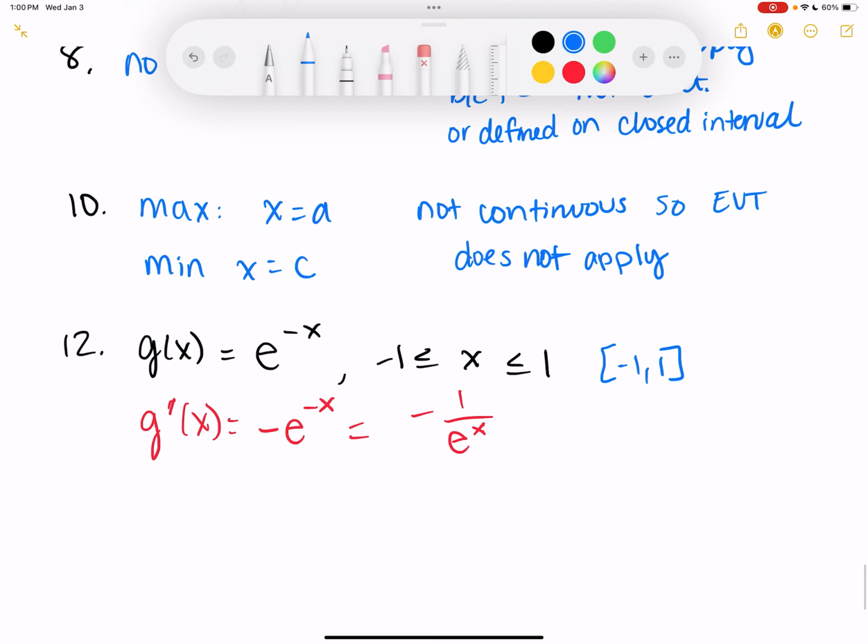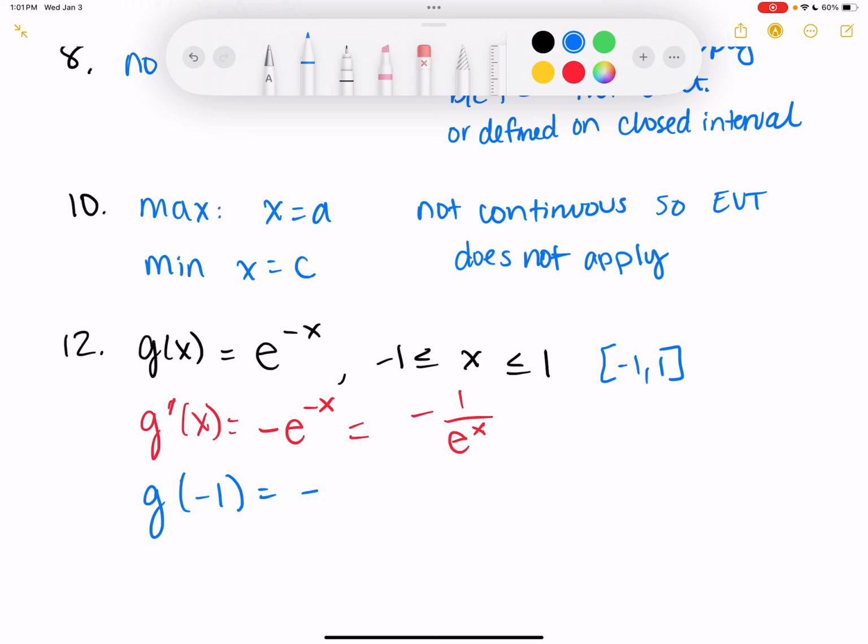So we check the original equation. Now, I'm going to be obnoxious about it because there are going to be times where you're checking the first derivative of things, times you're taking the second derivative. But when we're doing this for extreme values, we're looking at the original. So g of -1.